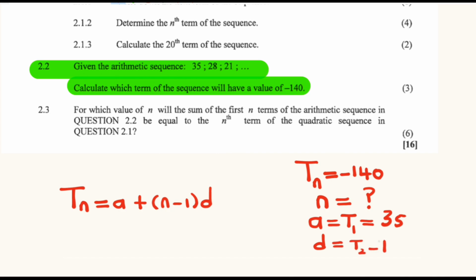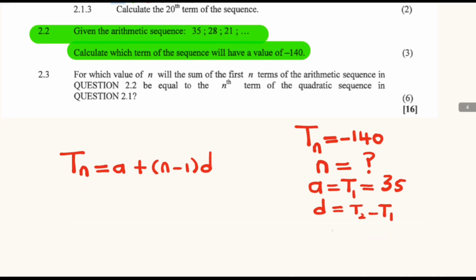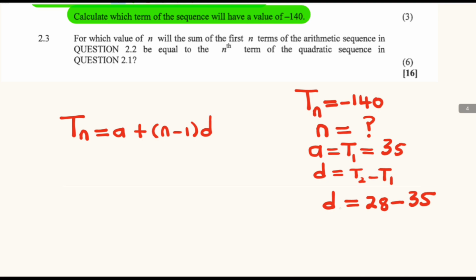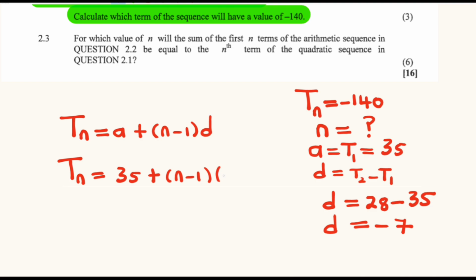So term number 2 minus term number 1, and term number 2 is equal to 28, and term number 1 is equal to 35. Our common difference d will be equal to 28 minus 35, which is equal to negative 7. So Tn will be equal to 35 in the place of the a plus n minus 1 multiplied by the common difference, which is negative 7.